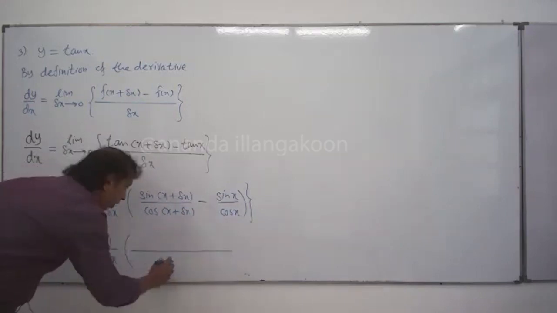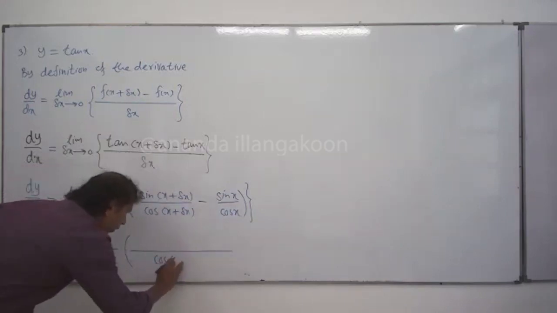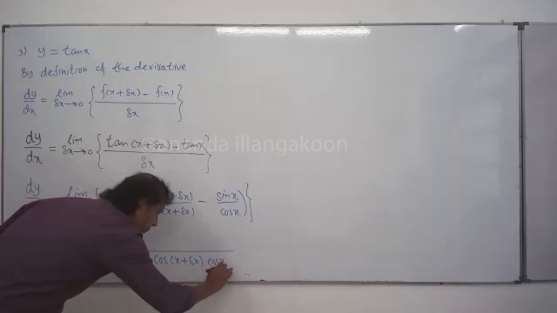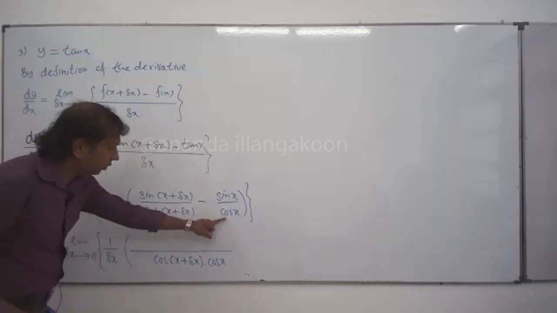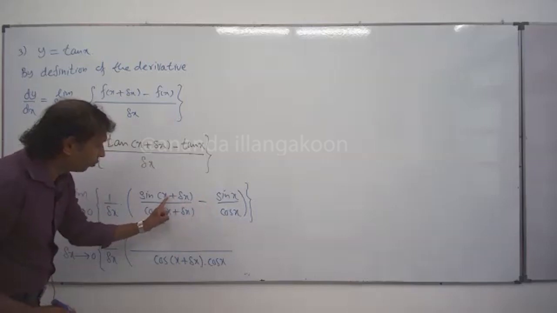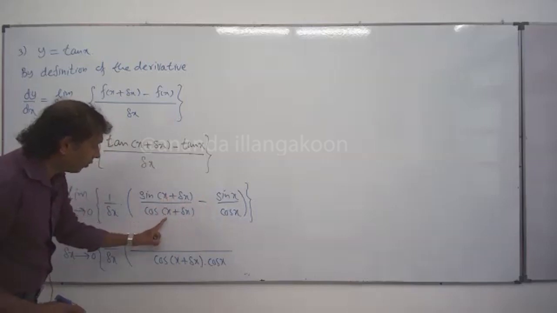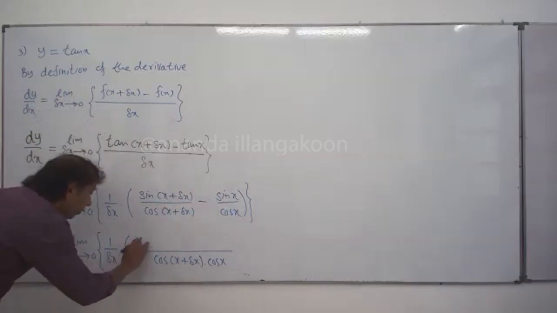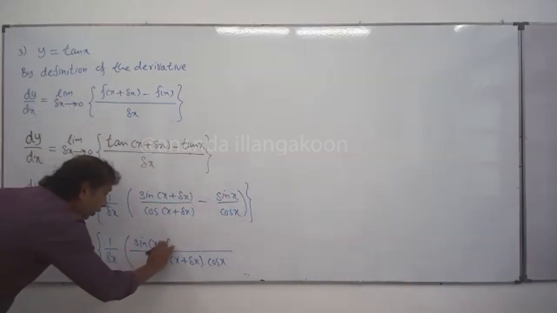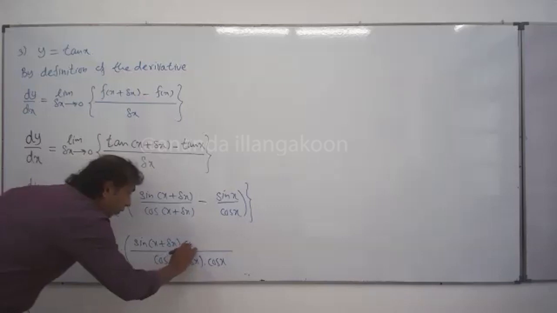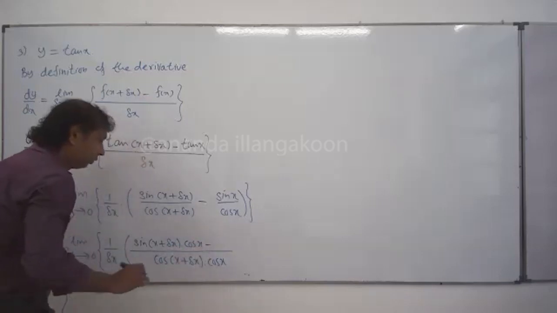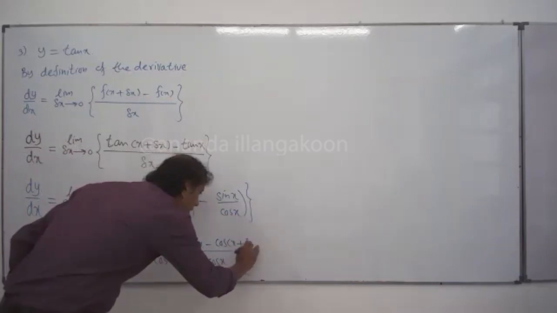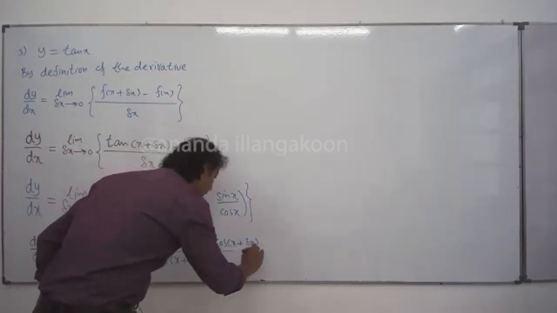Here this and this we have to multiply: cos of x plus delta x into cos x. Then this cos x you should multiply by this, and this cos of x plus delta x you should multiply by this. Then we get sin of x plus delta x into cos x minus cos of x plus delta x into sin x.